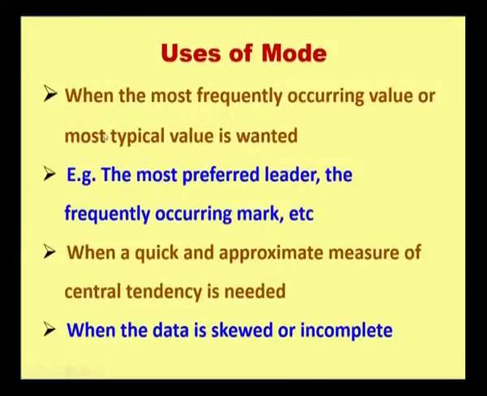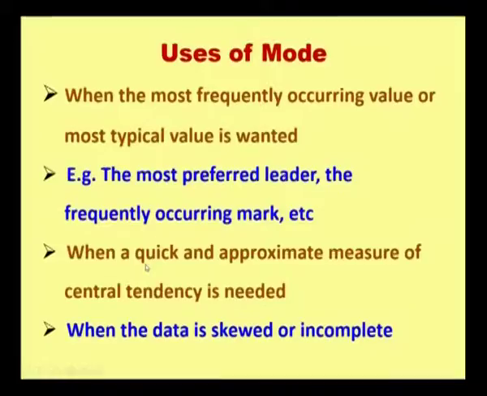And now, what are the uses of mode? Where is it used? See, when the most frequently occurring value or the most typical value is wanted. Suppose we have a data set, we want to know the most frequently occurring value. For example, the most preferred leader, or the frequently occurring mark. For example, in a class test, one particular mark is occurring so many times.